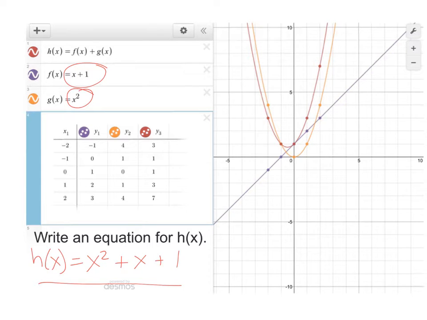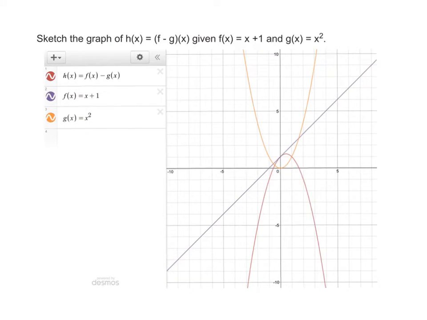So all you need to do, if it's asking you to find something like f plus g of x or f of x plus g of x, just take the f of x function, add the g of x function, and then simplify. We could do the same with a thing like this, where it's asking for f minus g of x.